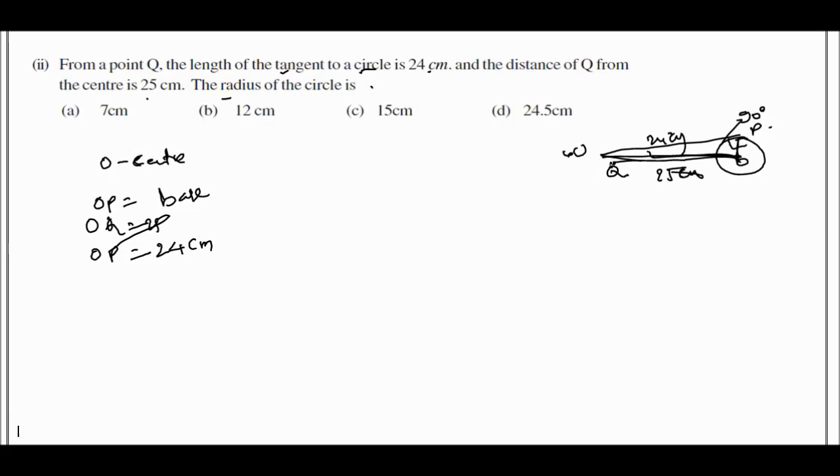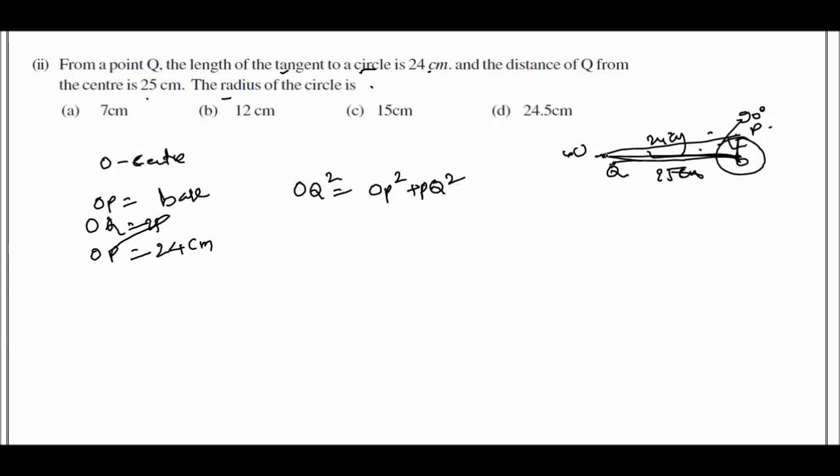OQ is the hypotenuse, so OQ square is equal to OP square plus PQ square.